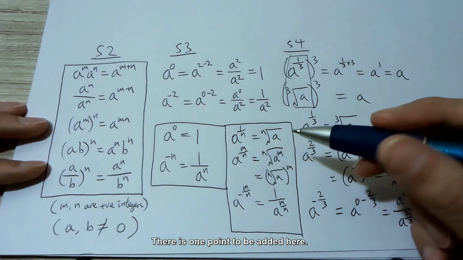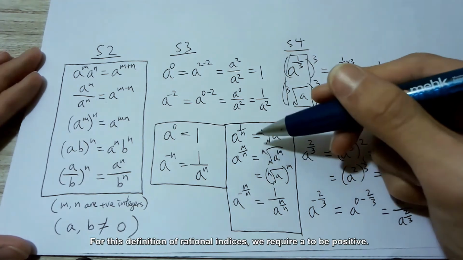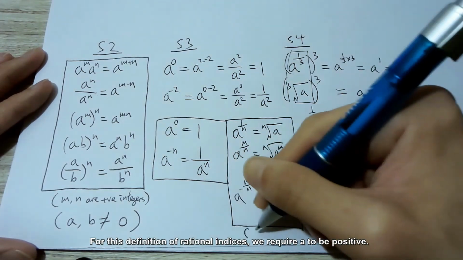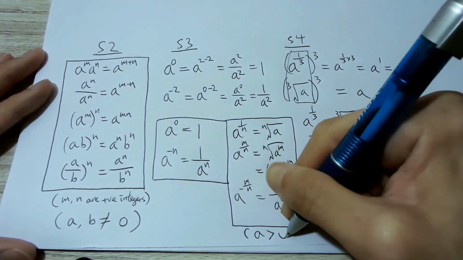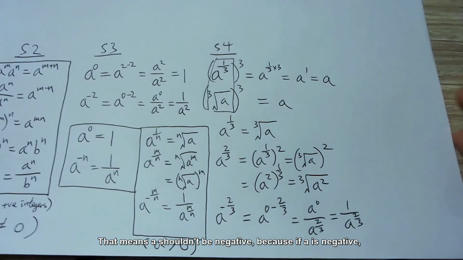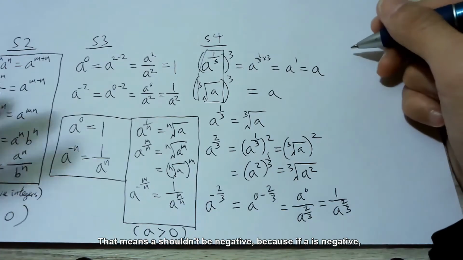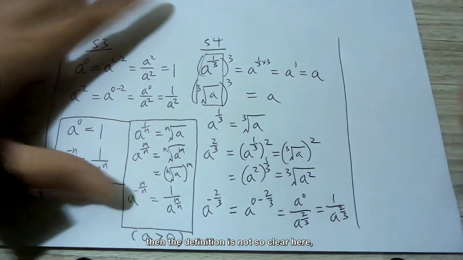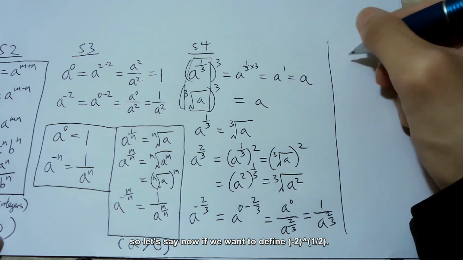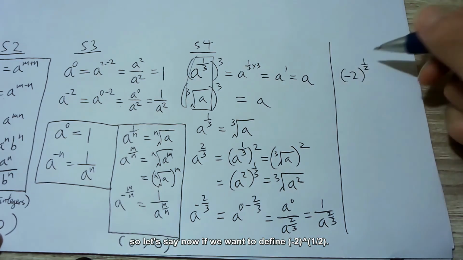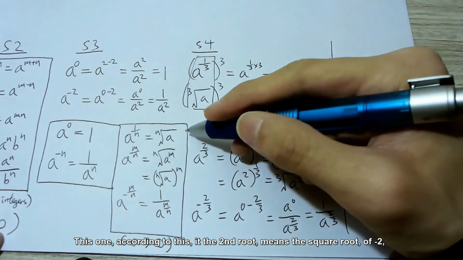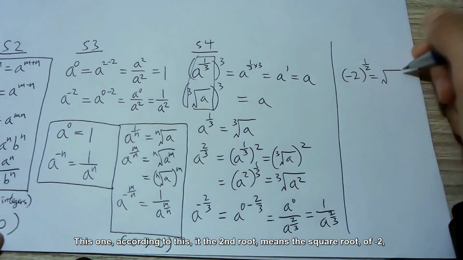There's one point to be added here. For this definition of rational indices, we require a to be positive. That means a shouldn't be negative, because if a is negative, then the definition is not so clear. So let's say now if we want to define minus 2 to the power half, this one according to this is the second root, meaning the square root of minus 2.